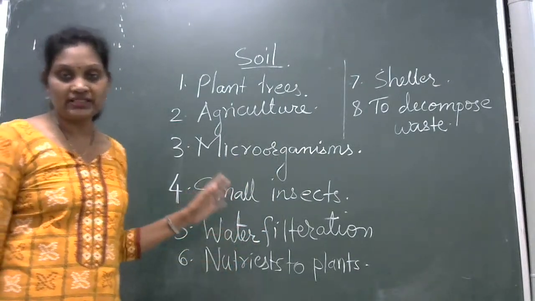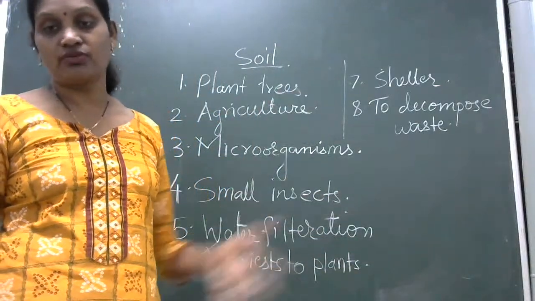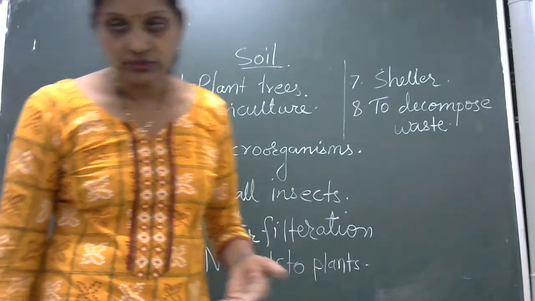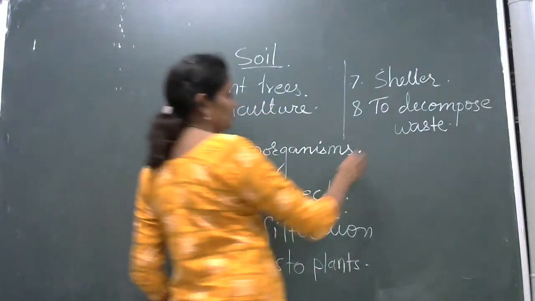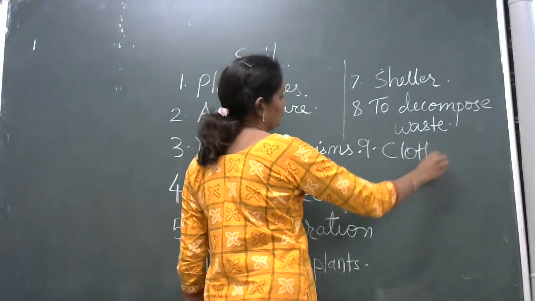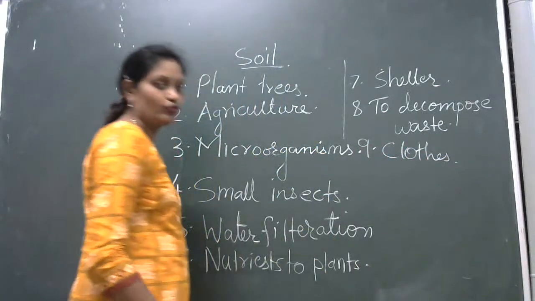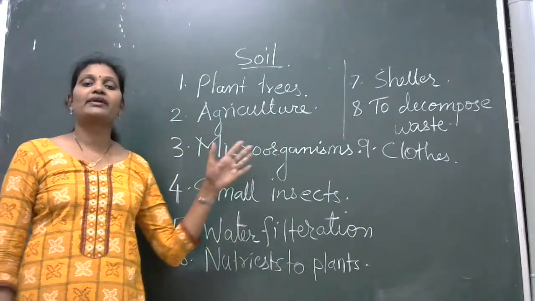So many things are there. If you discover again, we will get so many more, isn't it? So yes, fiber, food, shelter, cloth. All these three things are provided by the soil.